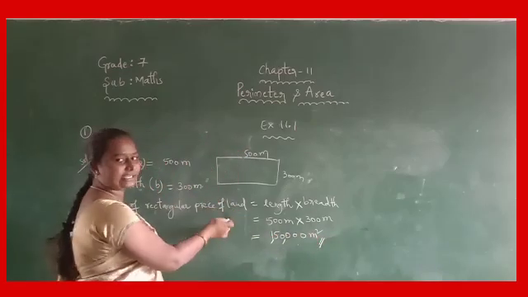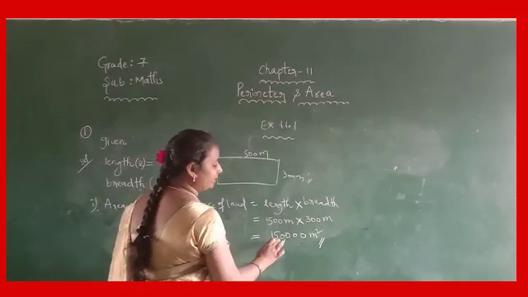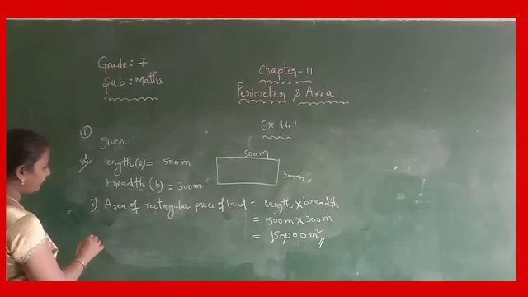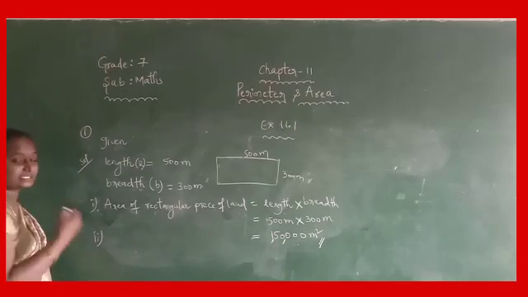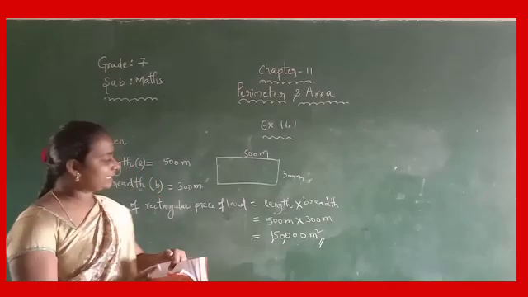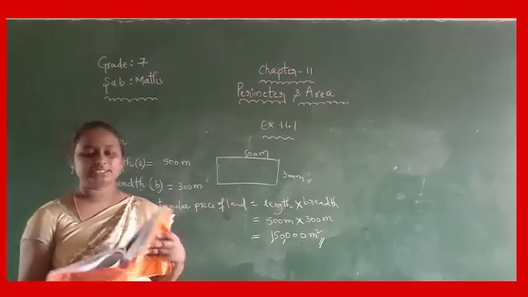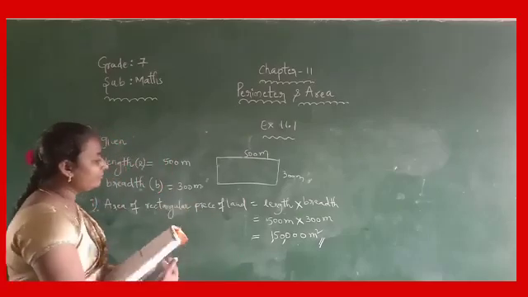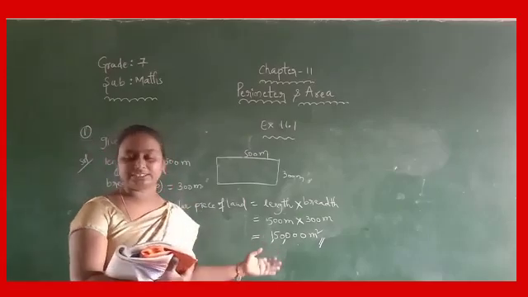What is the area of the rectangular piece of land? 1,50,000 meters square. Now here we have to find the cost. How much cost does it take? For 1 meter square, the cost is 10,000 rupees. Then what about 1,50,000 meters square?